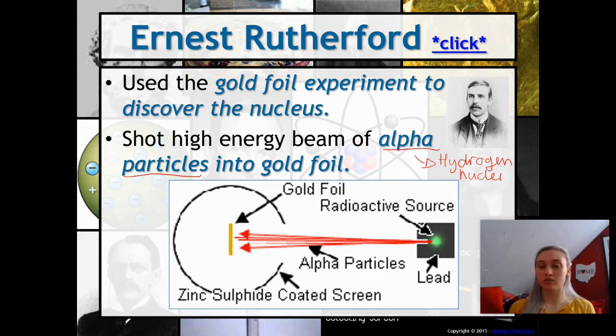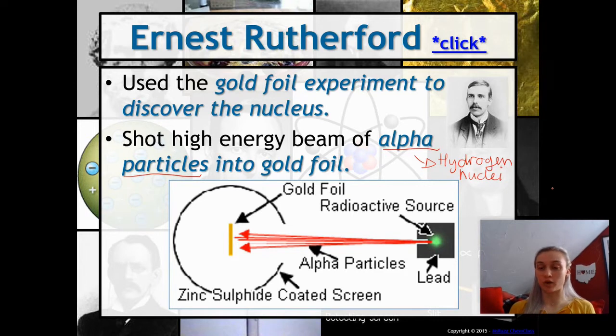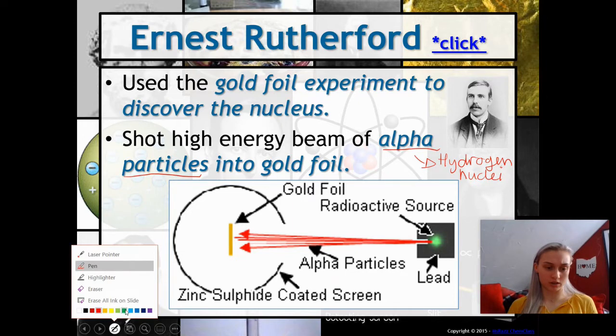And remember, the nucleus, you should know this if you ever studied atoms before, nuclei have neutrons and protons in them. And so that's just what an alpha particle is. He's just shooting hydrogen nuclei. Okay. And remember what nuclei are, I'm going to write this down so it helps you understand this.